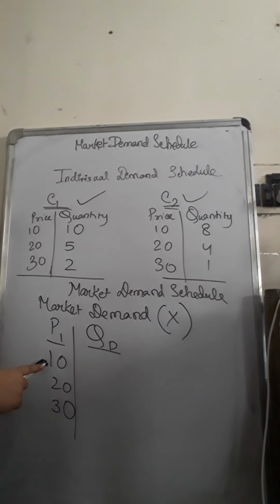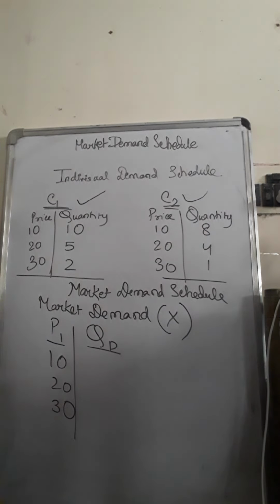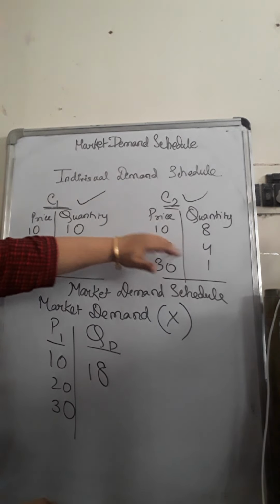So when the price is 10 rupees, consumer 1 demands 10 units and consumer 2 demands 8 units. So what a producer will see is that when the price is 10, the total market demand is 18. What happens when the price increases to 20? The first consumer's demand falls to 5, the second consumer's falls to 4.